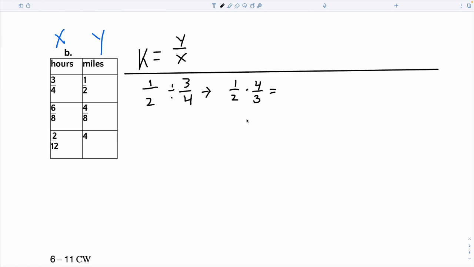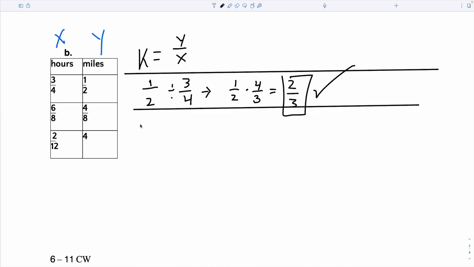What did you get for the first ratio? 2/3. Good. Let's try the second. Silent yes if you got 2/3 already. Cool. Let's check the second ratio, see if it matches.